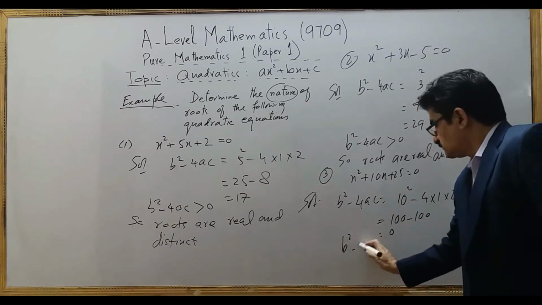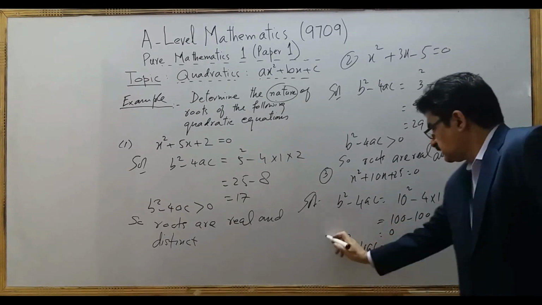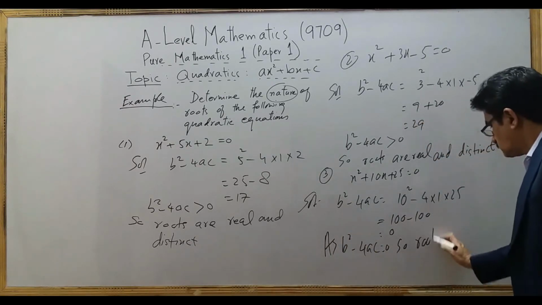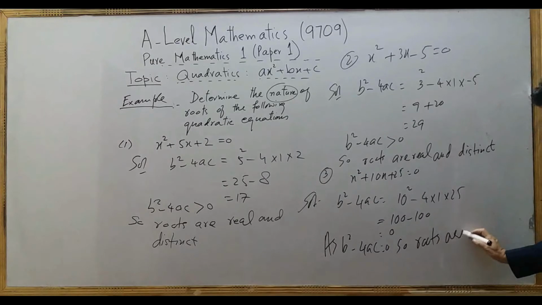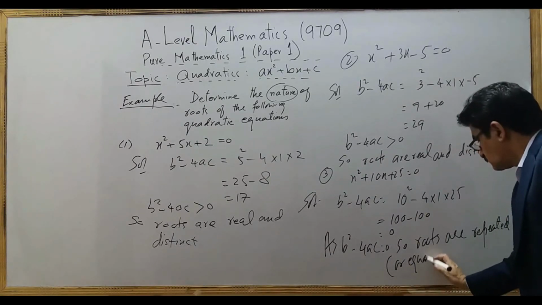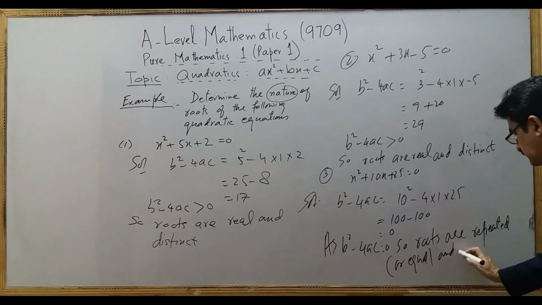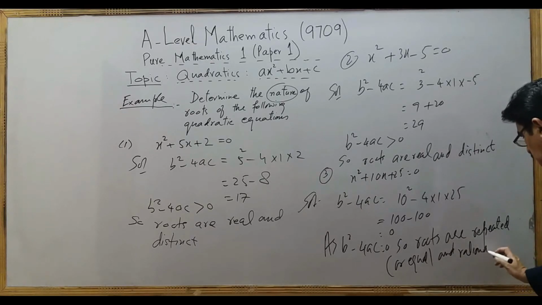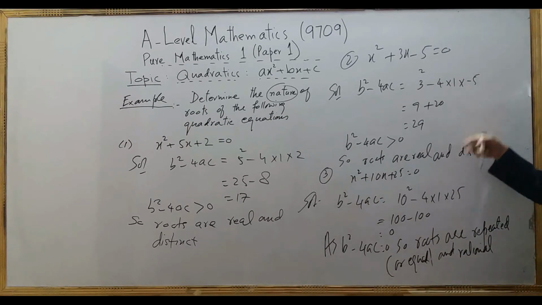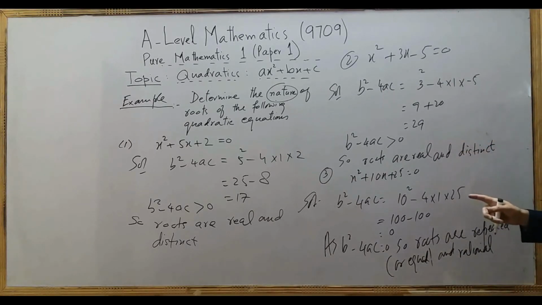As b square minus 4ac is 0, so roots are repeated, or you can write equal, and rational. And rational, because we have seen the previous example, there will be one solution when the discriminant is 0.